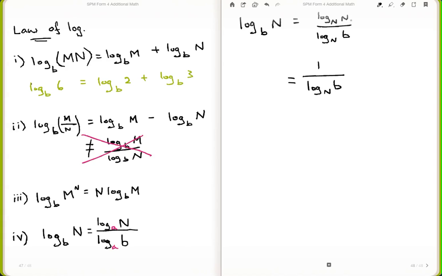Now this is what we have just now, n power 1 is n. So you bring down the n, log n n is 1. That we learned earlier. Let me show you a few examples that make use of the laws I've shown you.